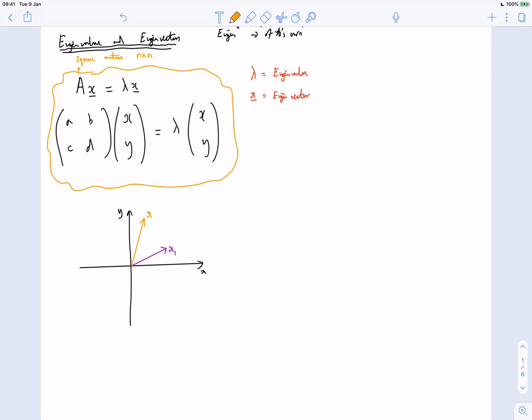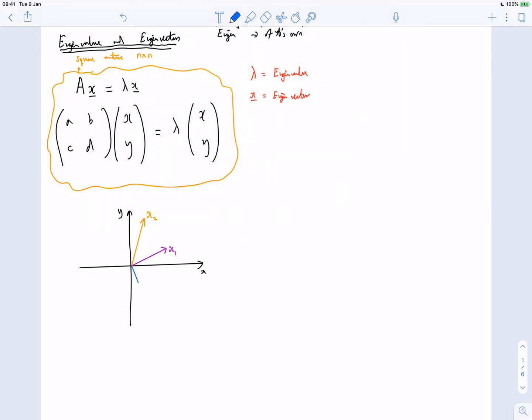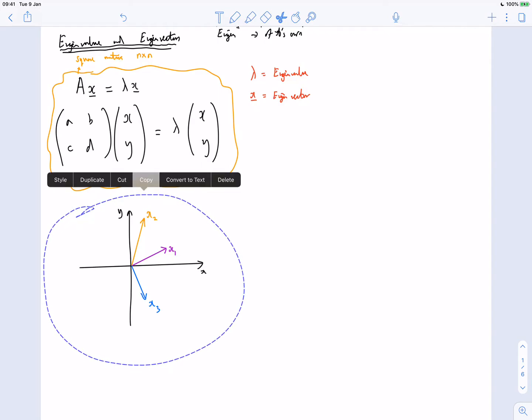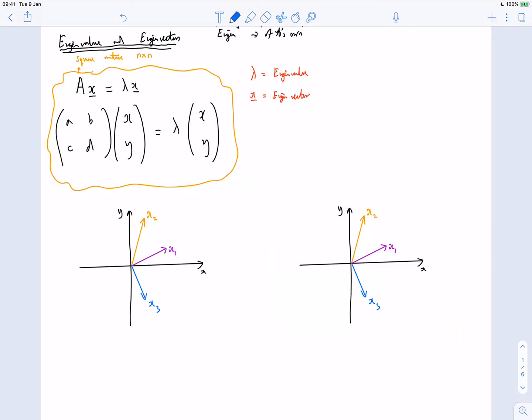Let's say this is x2, and then let's say from the origin going down there like that, I've got x3. Now suppose I apply some transformation. So let's suppose I apply a transformation A to this coordinate system.